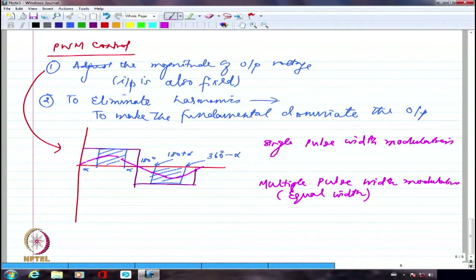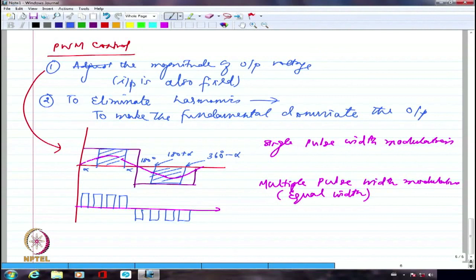So I may be able to get, say, one pulse, then second pulse, then third pulse, fourth pulse. Similarly, I may have one pulse, second pulse, third pulse, and fourth pulse. All of them are of equal width. It doesn't serve any other purpose again other than adjusting the magnitude.